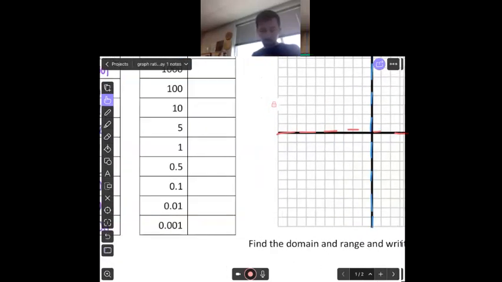Out here at negative 10, we should be putting negative 0.1, which is just right underneath the x-axis. Give yourself some space because it's not actually supposed to touch, but just put it really close. Negative 5 was negative 0.2, again just right below the x-axis. Negative 1, negative 1. Then we said negative half was negative 2, so that should be right there.